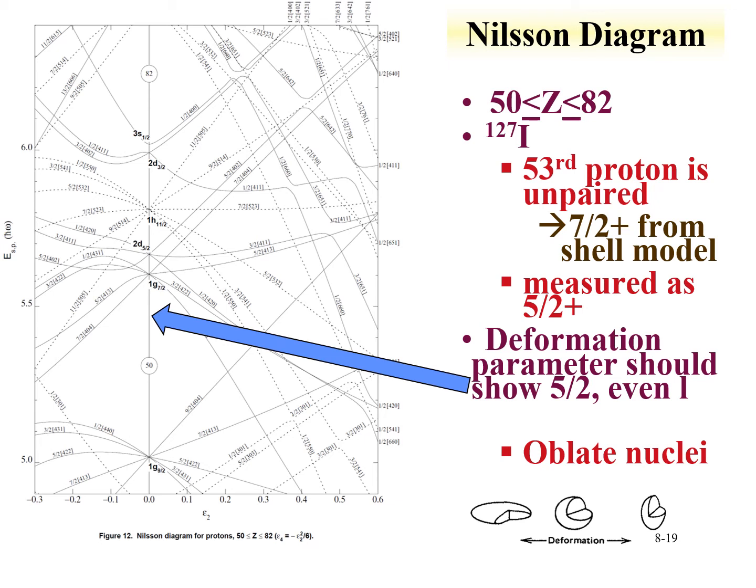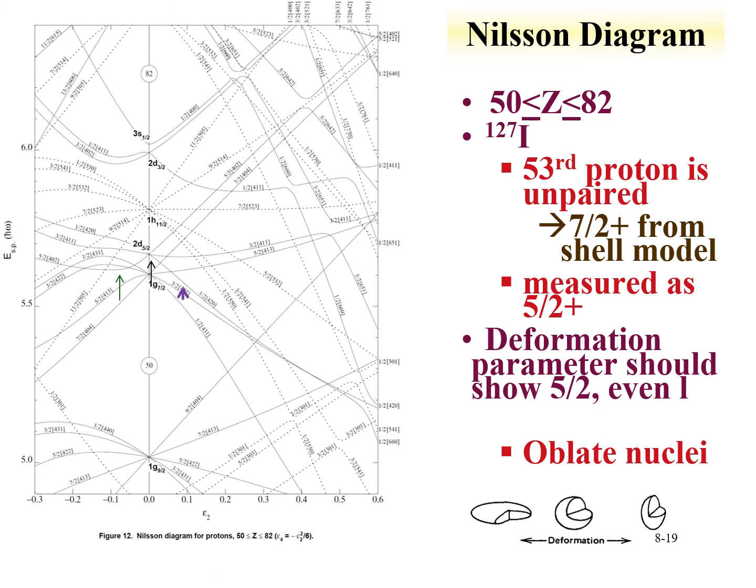That's the unpaired one. From the shell model, we would expect the spin to be 7/2, the parity to be plus. The measured spin and parity for iodine 127 is 5/2 plus. So the deformation parameter should show 5/2 with an even L value.